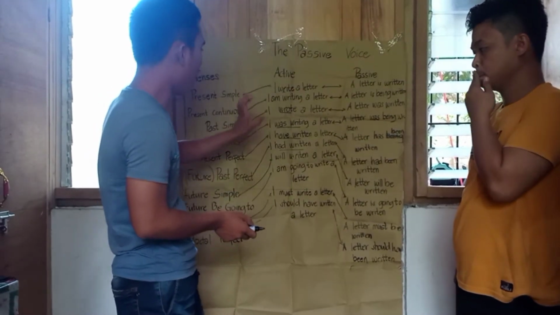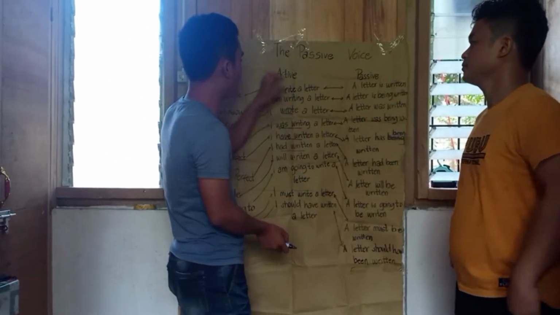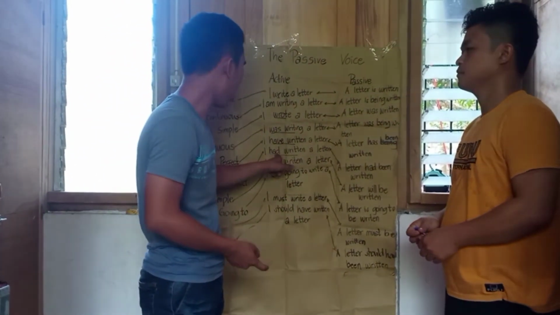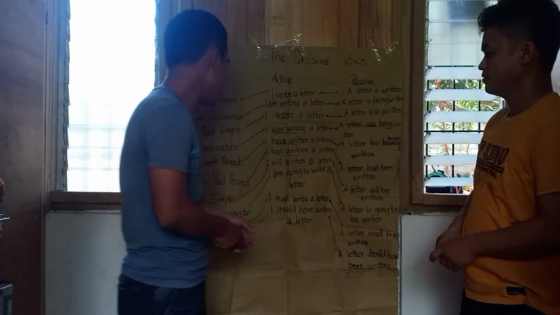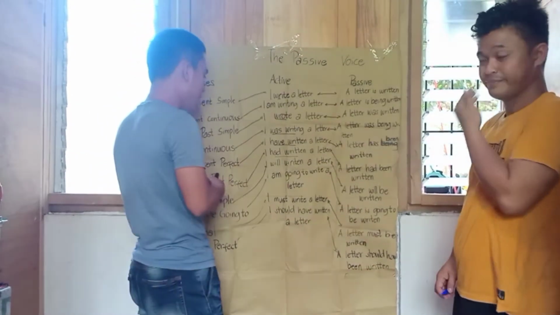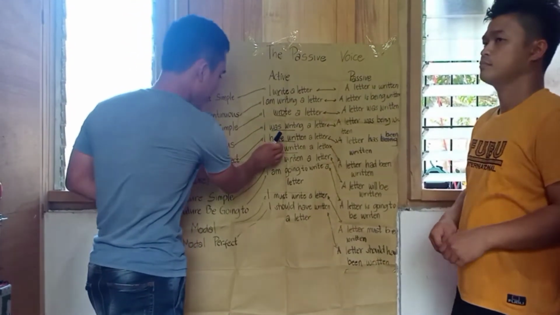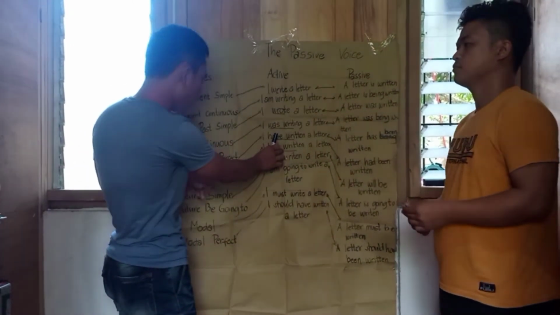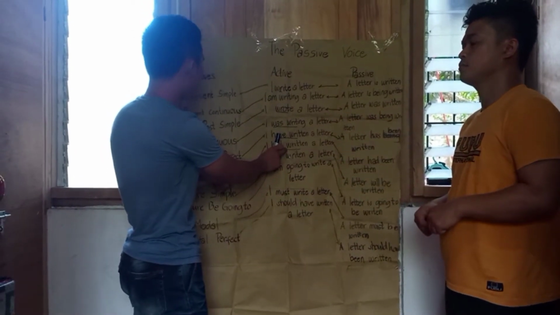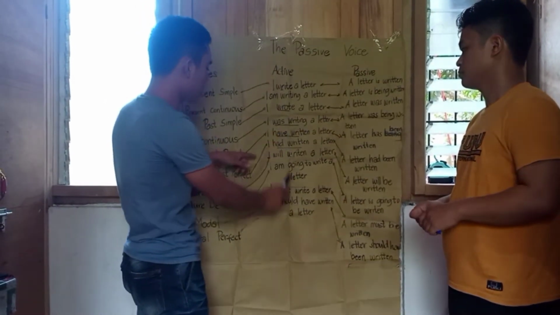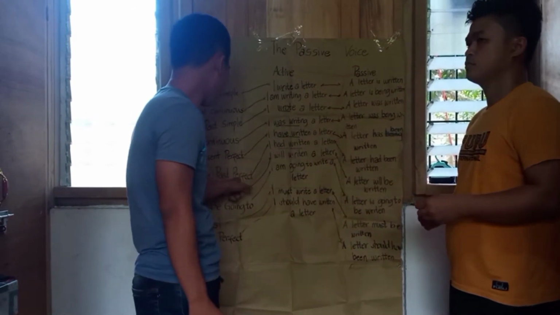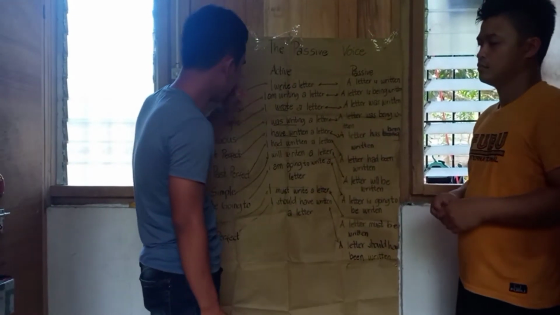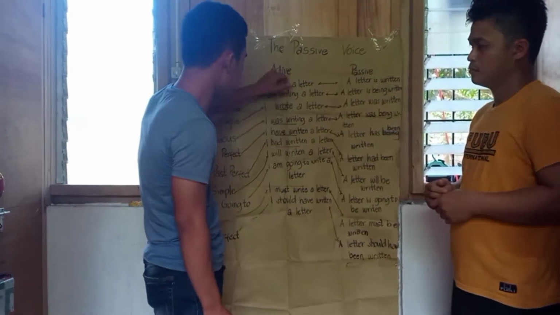As usual, we are going to apply our formula of the active voice: I had written a letter. We conclude that this sentence is in the active voice and belongs to the past perfect tense. Had written is our past perfect, and our voice is active voice.